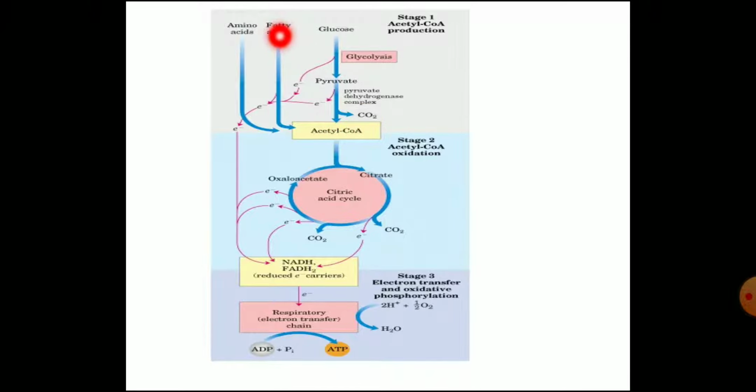Then fatty acid on beta oxidation produces acetyl coenzyme A. Then amino acids, that is ketogenic amino acids, usually produce acetyl coenzyme A. See, from all these three sources we are getting acetyl coenzyme A. Then, of course, it is present in the mitochondrial matrix and combines with oxaloacetate and starts the cycle. And during the course of the cycle, the reduced coenzymes like NADH2 and FADH2 are produced, which enter the respiratory chain and produce ATPs. Okay.